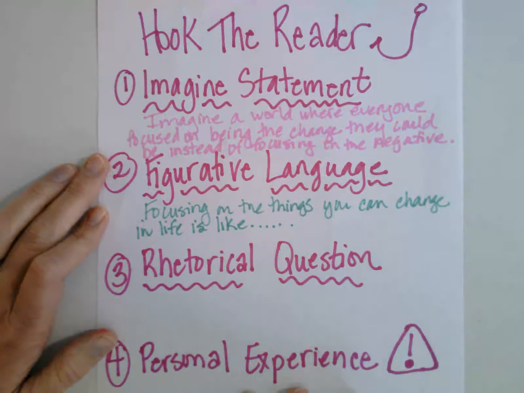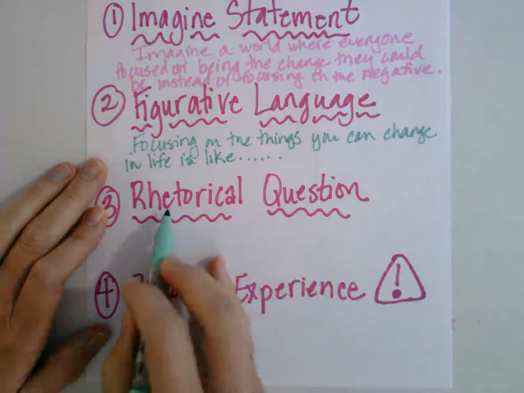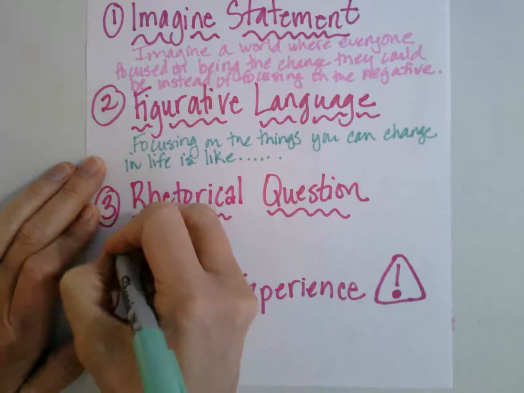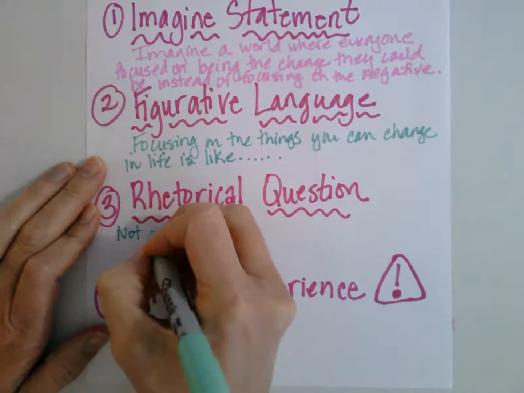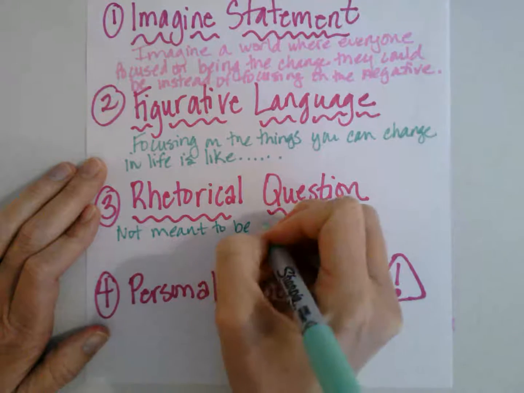Okay, so you have an imagine statement that you could start with, and you have figurative language that you could start with. Another type of hook is a rhetorical question. A rhetorical question is a question that's not meant to be answered.